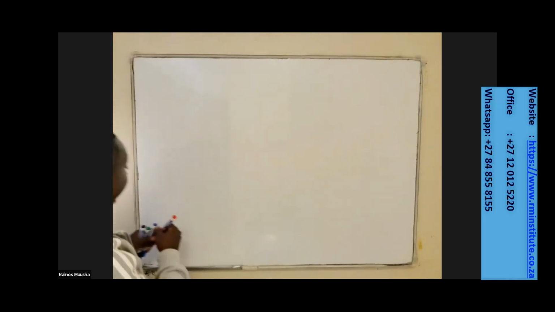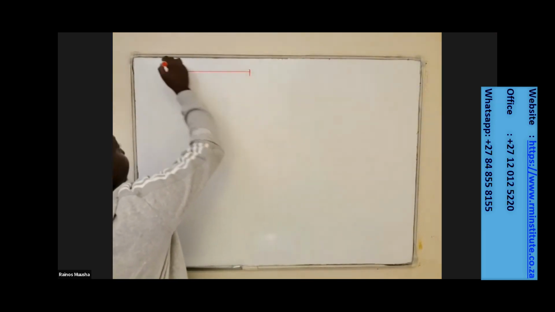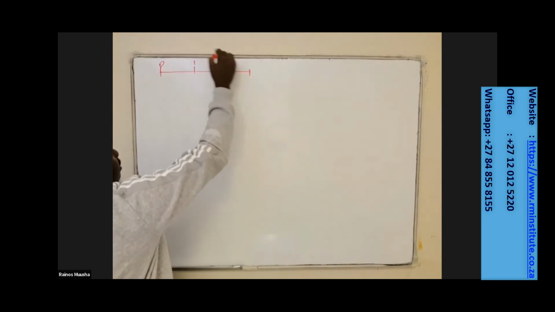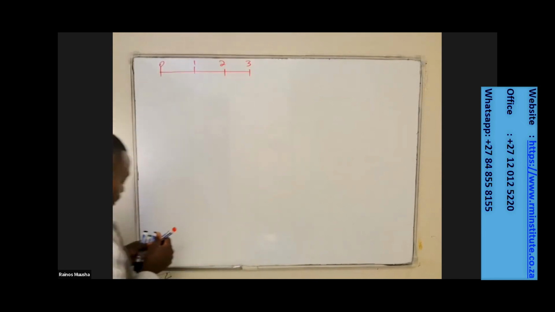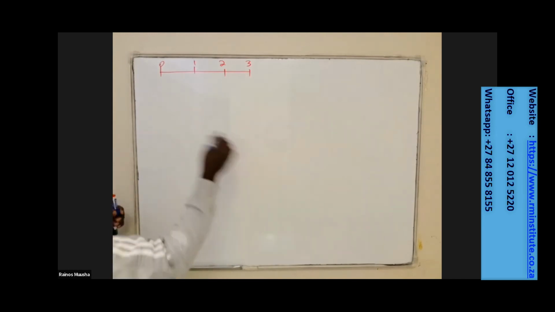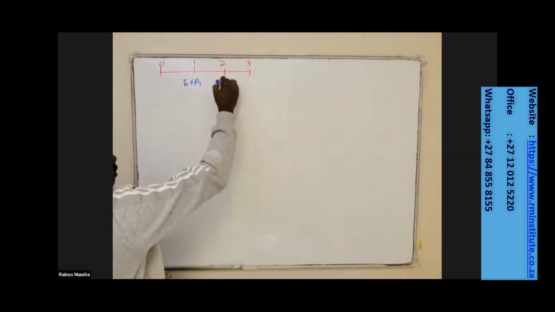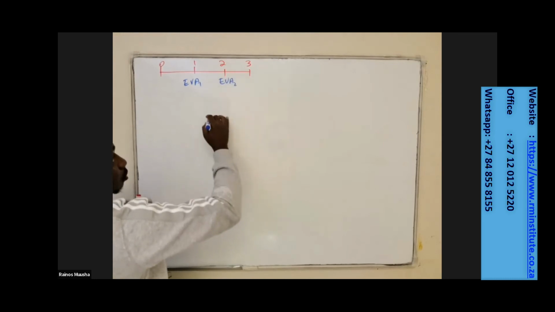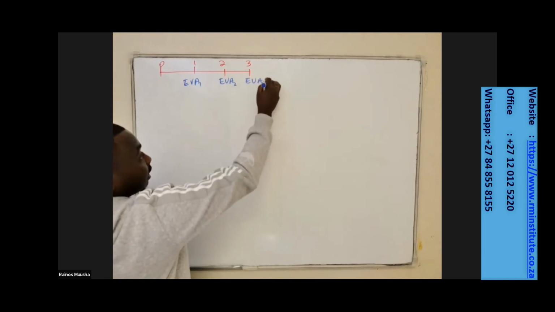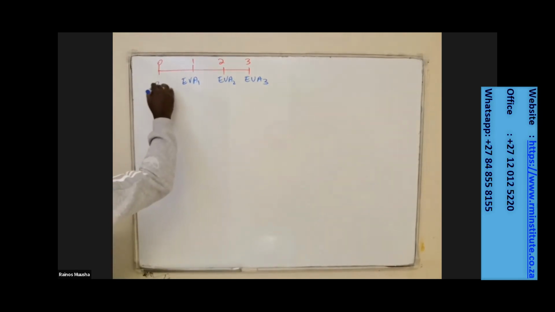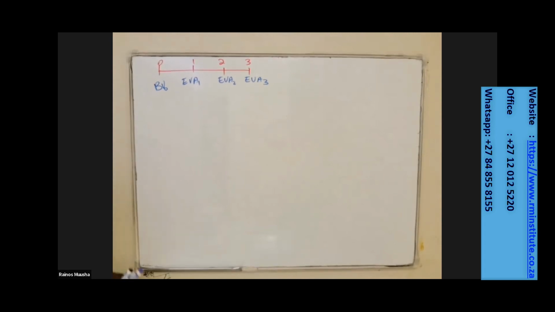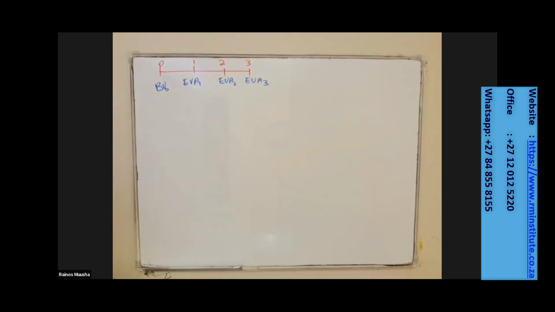So for example, if the project is going to be running for a period of 3 years, when you're using the economic value added principle to find the value of the firm, you're going to find out what is the economic value added in year 1, in year 2, and in year 3, and what is the current book value of the entity in year 0. So this is the principle that you follow when you're looking at the economic value added.